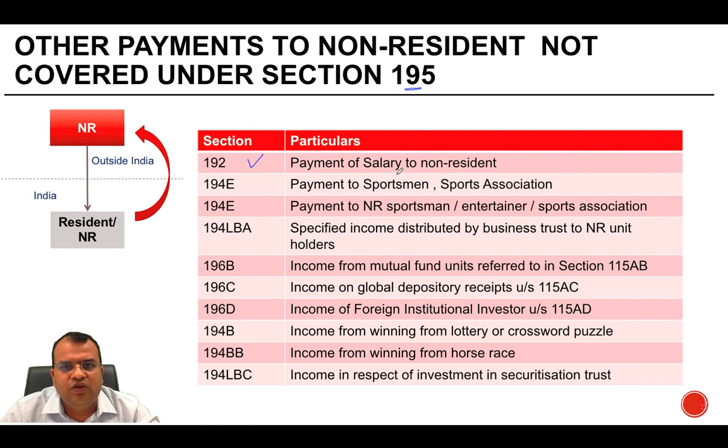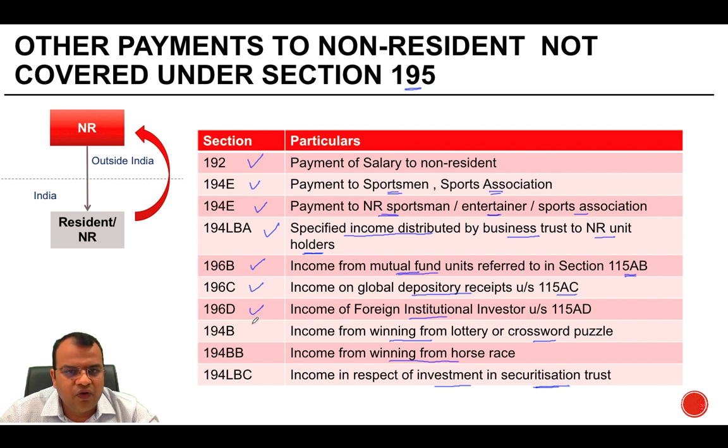So salary to a non-resident, 194E, payments to sports person or sports associations, 194E, payment to non-resident sports person, entertainer, sports associations, then 194LBA, specified income distributed by business trust to non-resident unit holders, 196B, income from mutual fund units referred to in section 115AB, then income from GDRs referred to in section 115AC, income of foreign institutional investors, winnings from lotteries or crossword puzzle, winnings from horse race, or income in respect of investment in securitization trust.